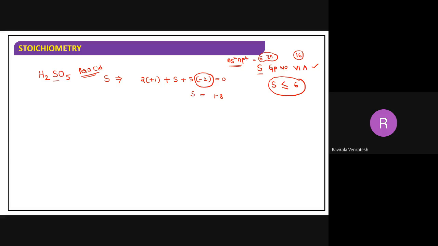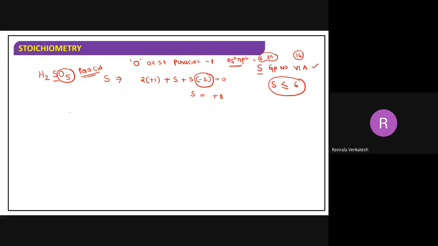Now anybody tell me, in a peroxide what is the oxidation state? -1. The oxidation state in a peracid or peroxide oxygen is always -1. But don't take -1 directly for all, because there are 5 oxygens here and all oxygens are not in peroxide. Some are oxide, some are peroxide. Now how do we know how many are peroxide and how many are normal oxide?